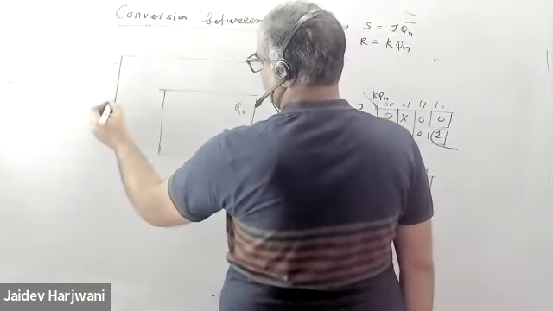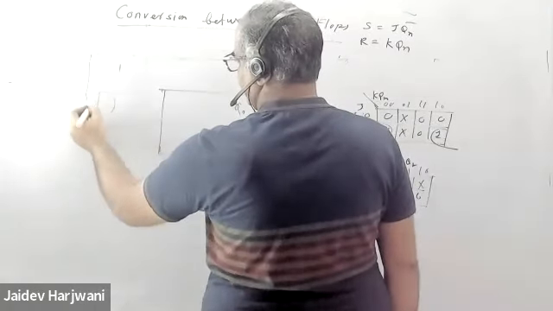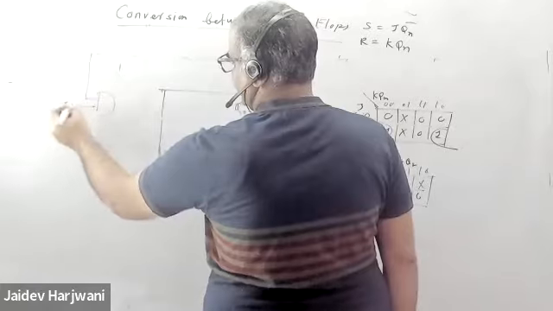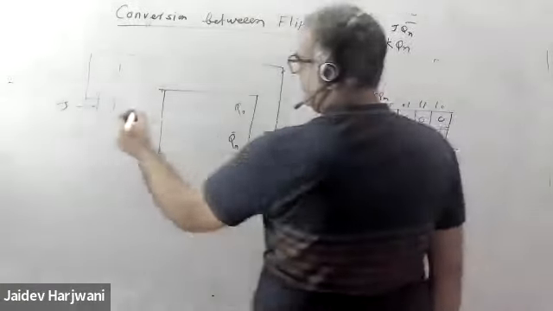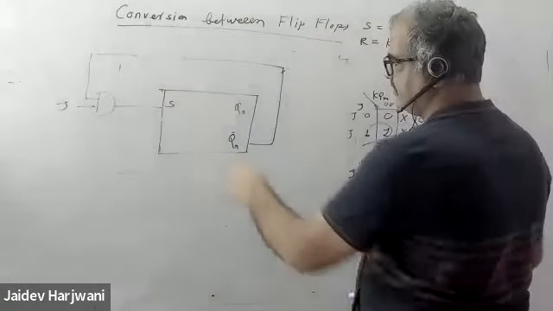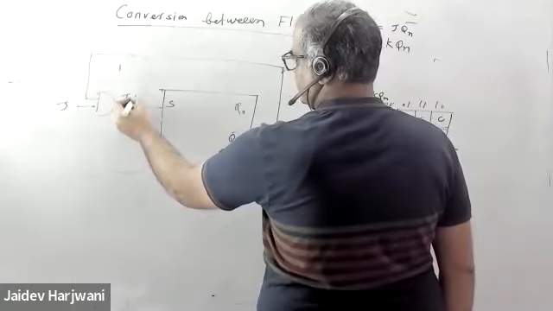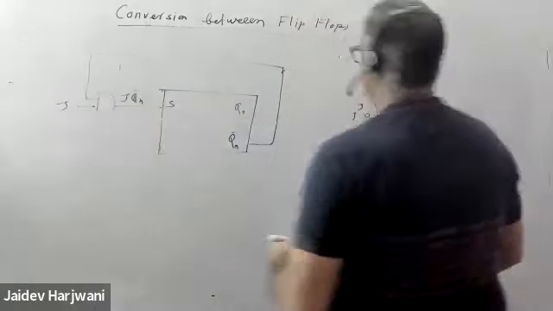Okay. So now you have to put one AND gate here. AND gate. Okay. So you give J and you give QN bar. Multiplication will come here at S. Instead of S, you will get J QN bar. Okay.